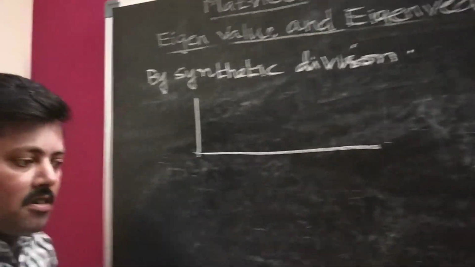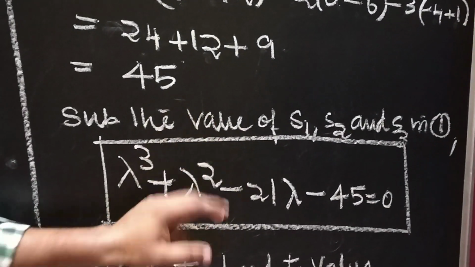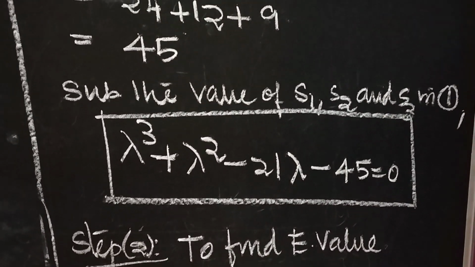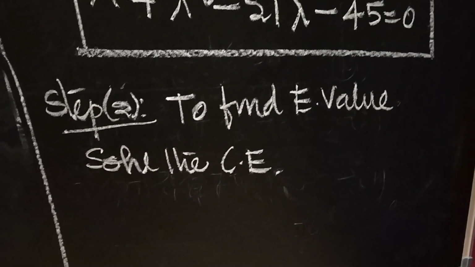So write down the coefficients of lambda cube, lambda square, lambda and the constant in the characteristic equation. What is the lambda cube coefficient? 1. Lambda square coefficient? 1. Lambda coefficient minus 21 and the constant is minus 45.